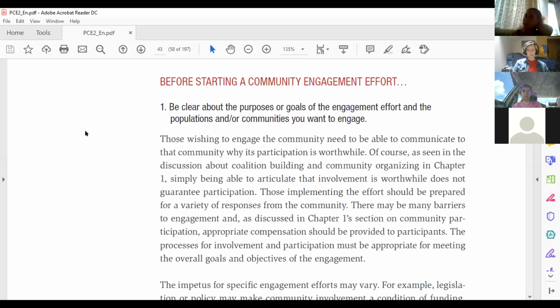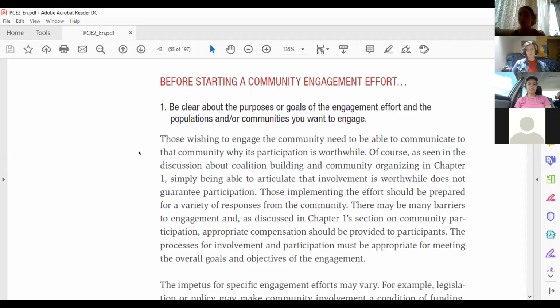The reason we define community is that when you are trying to find your stakeholders and understand who a problem has impacted, you need to be able to define the community that is being impacted, and that can change on an individual level or a societal level. A community changes from the perspective you look at it. So the very first thing is be very clear about your purposes and about the communities you want to engage, because you don't want to leave out any community that's impacted by a situation.